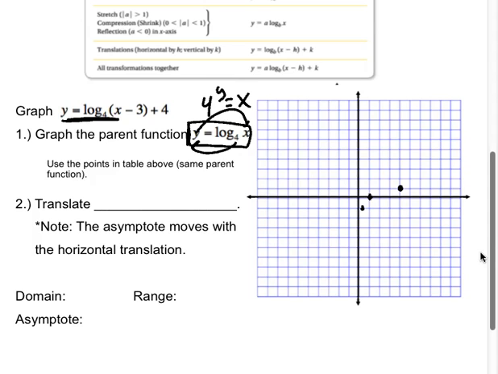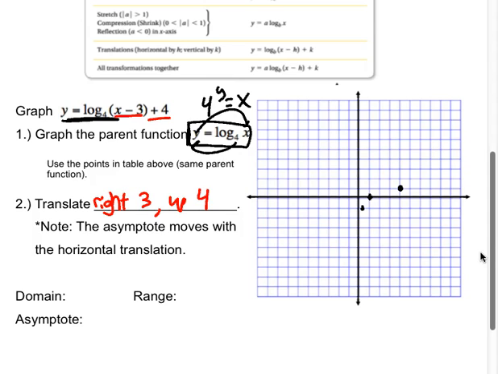Now we have to take into account the shifting. So how is it shifting? Well, this is sending it right 3. That is shifting it up 4. So this is where all of that shifting is going to now come into play. Now I'm going to take every one of those points and shift it.